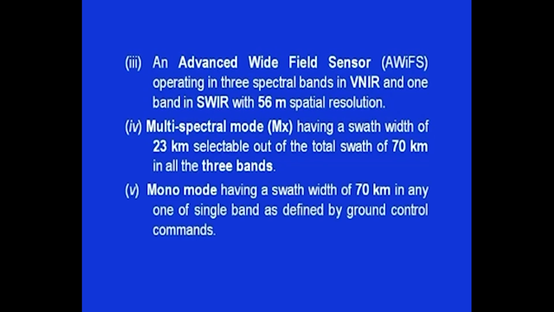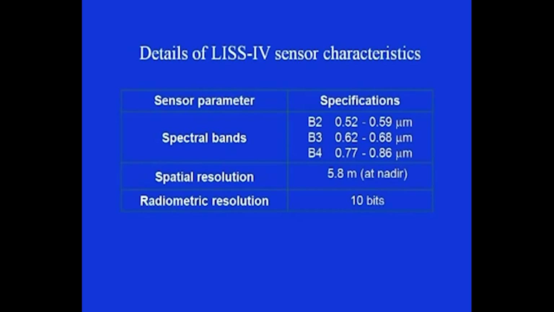In the mono mode, having a swath width of 70 kilometers in any one of the single bands as defined by ground control commands. Well, this particular table shows the LISS-4 sensor characteristics.